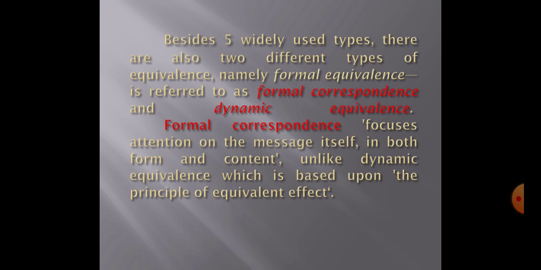Besides 5 widely used types, there are also 2 different types of equivalence. Namely, formal equivalence is referred to as formal correspondence and dynamic equivalence. Formal correspondence focuses attention on the message itself, in both form and content, unlike dynamic equivalence, which is based upon the principle of equivalent effect.